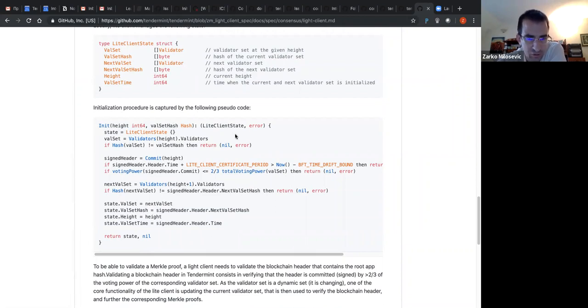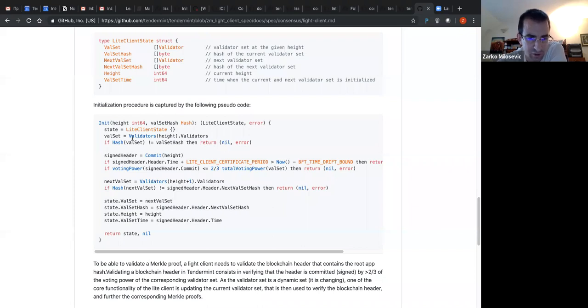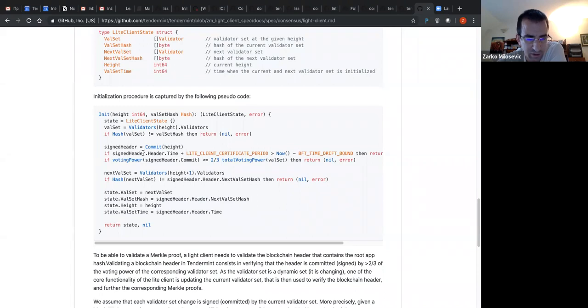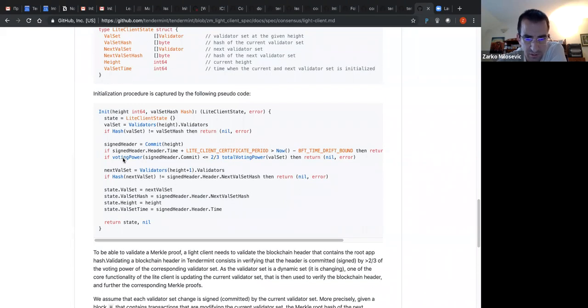Now we have the initialization procedure, which receives a height and a validator set hash with trust, and it is used to initialize the light client state. It gets the validators for the given height and checks whether the hash is fine. Then it obtains the commit and checks whether the time is within the light client certificate period. Then it checks whether the voting power of the validator set that signed the commit is greater than 2/3 of total voting power.